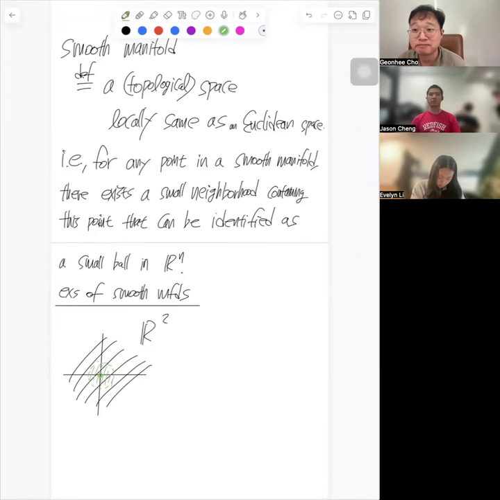That's a dumb sentence. Is that okay with you? But this can be done for each point. Whatever point you choose, you can identify this neighborhood as a ball in R2. Is that clear? It is very silly to say.